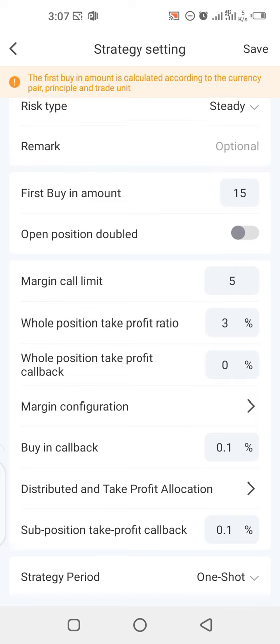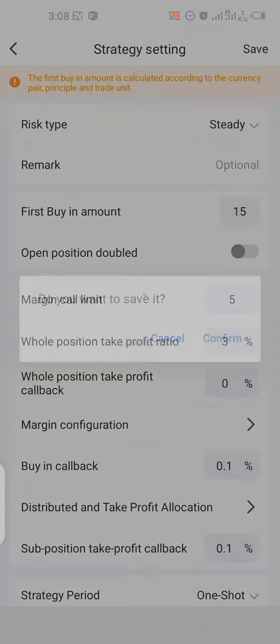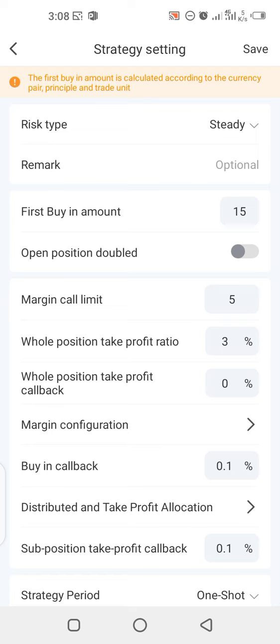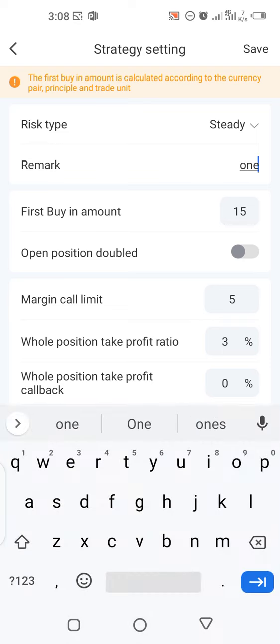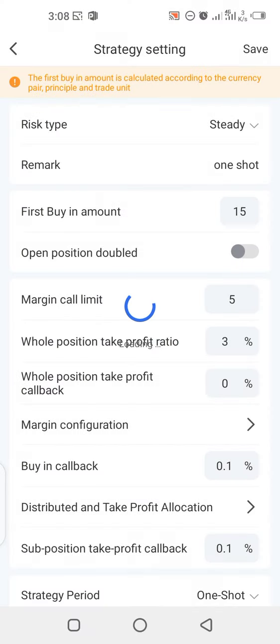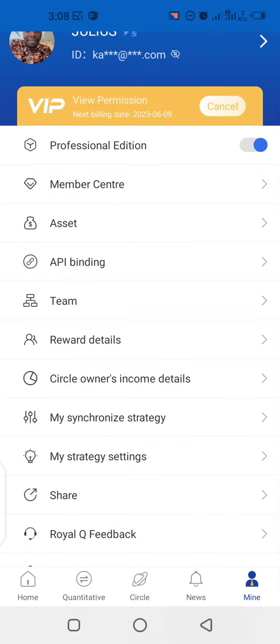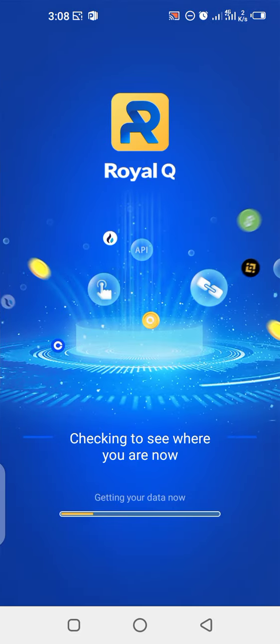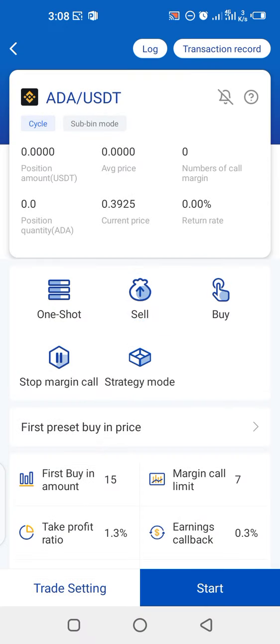Now let us save. Now on our strategy mode, let me name it one shot. On our strategy mode, let me say we pick this coin, trade settings. Now this will not work out. Okay, this is a non-trading account.